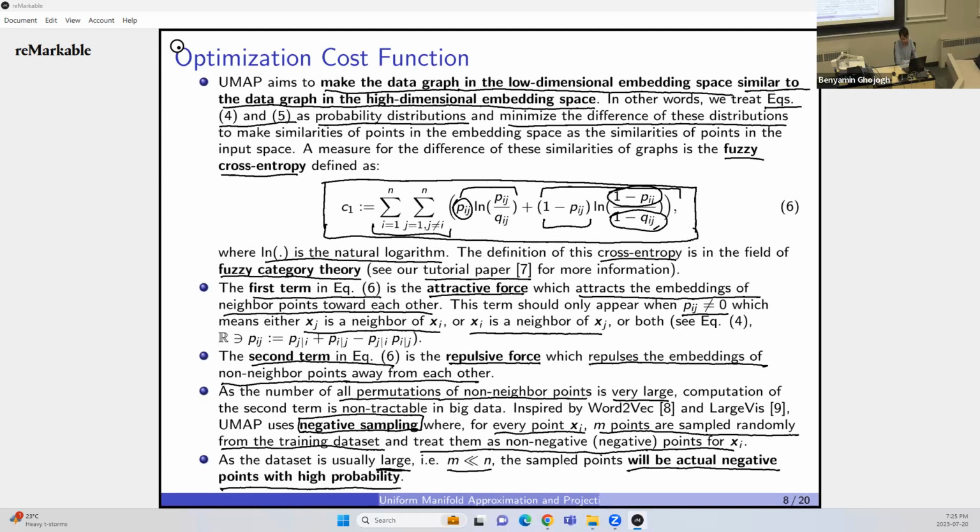So in negative sampling, we don't check whether the sampled points are actually negative or not. But as the sample size is much less than the number of data points, with high probability they will be negative samples, because it is of low probability that we find positive samples by sampling them.